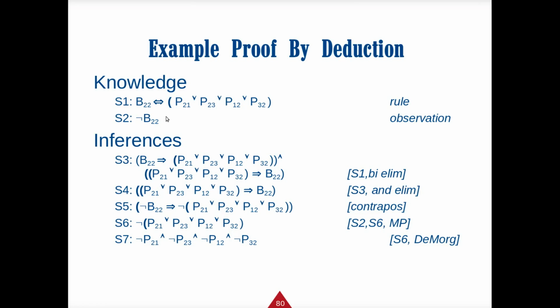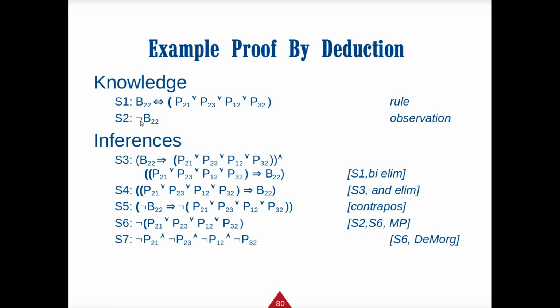And so here's an example of a proof. We have our knowledge base with two sentences: B22 if and only if P12 or P23 or P21 or P33.